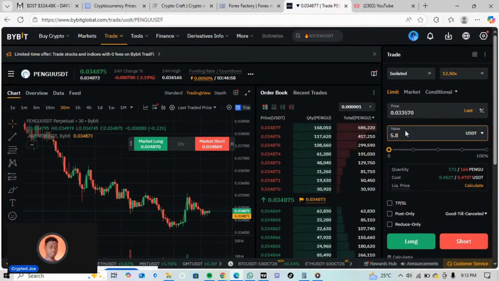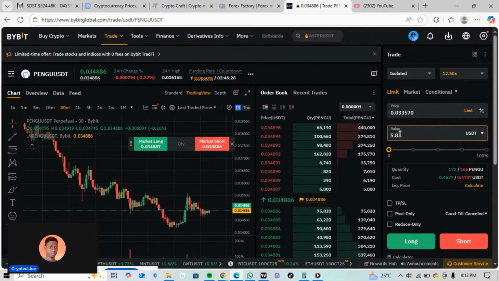So that 5, they are saying that 5 is in dollars because it's in USDT value. So if whatever you are typing here is less than 5, it will not go through. At least it should be 5 or more than 5, not less than 5. That is when that prompt normally comes up, and then you feel like you are doing something wrong, though you are still doing something you're not yet knowledgeable about.